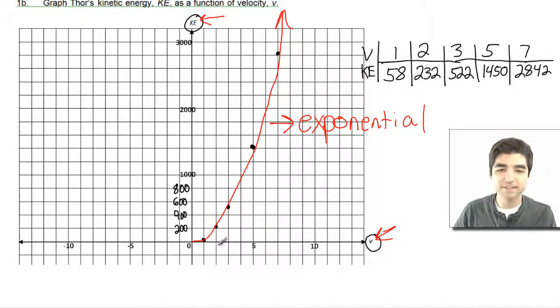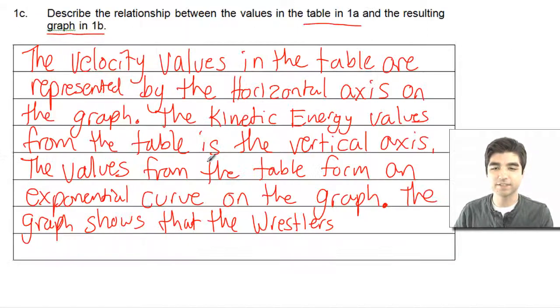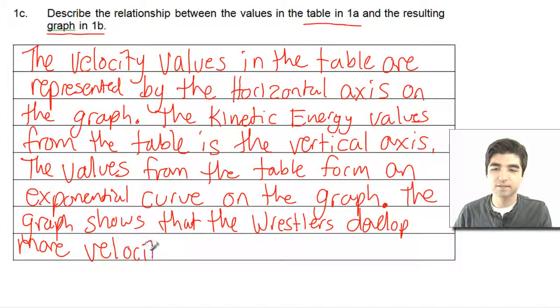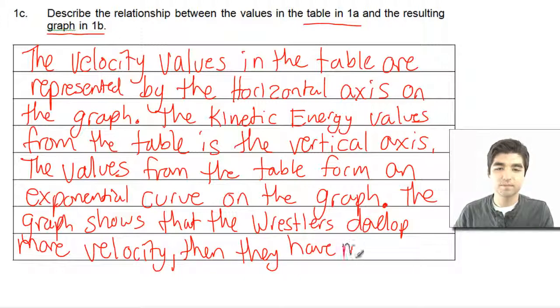Okay, so as the wrestlers develop more velocity, they have more kinetic energy. Develop more velocity, then they have more kinetic energy.